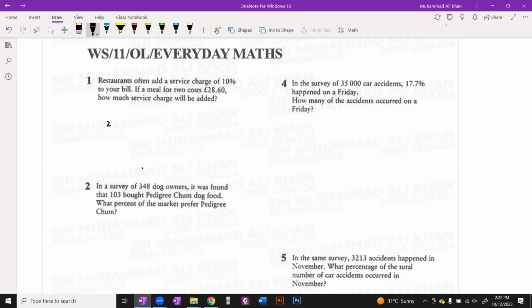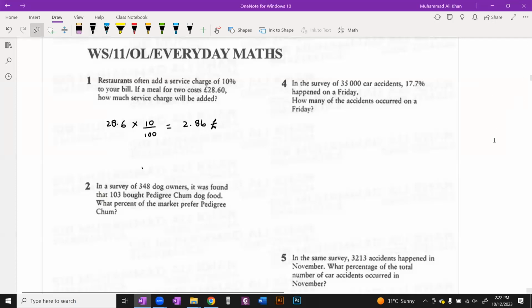So 28.6 multiplied by 10%, and 10% is 10 divided by 100. So the final answer is 2.86 pounds. That will be your service charge, right?